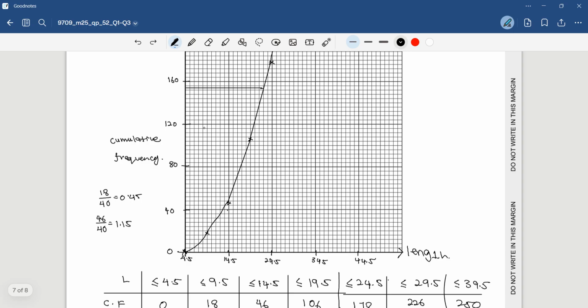Why am I drawing like this? Yeah, using the tablet is a bit difficult for me. Somewhere here.